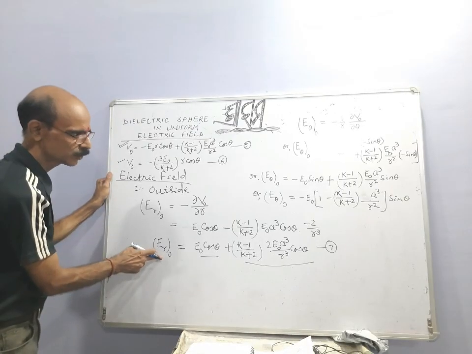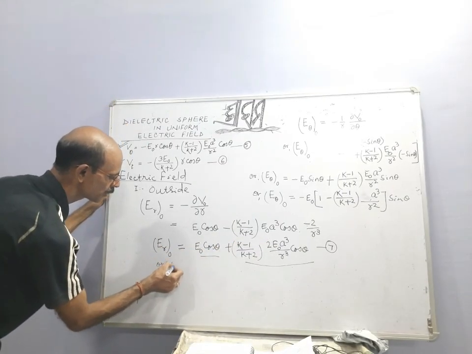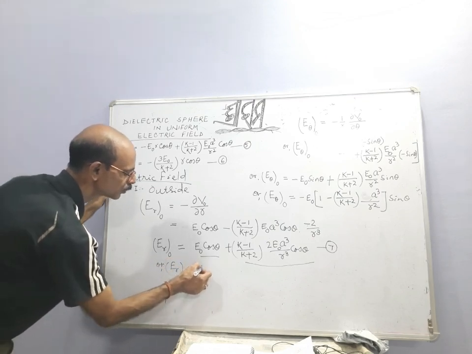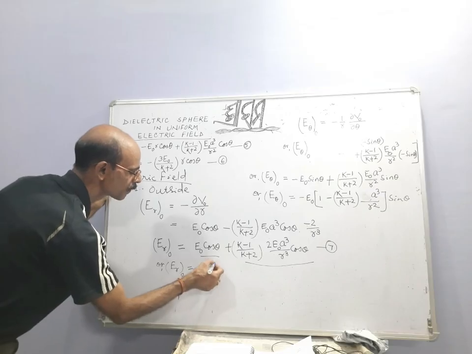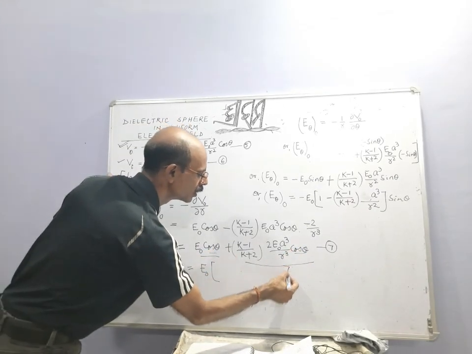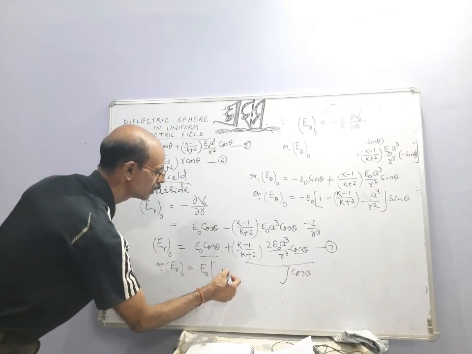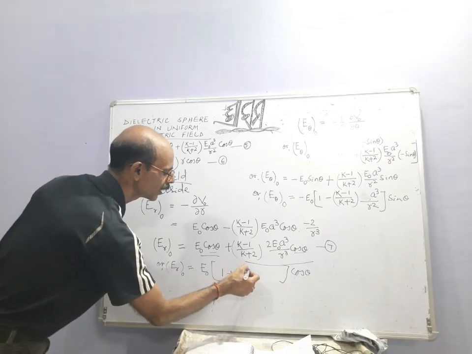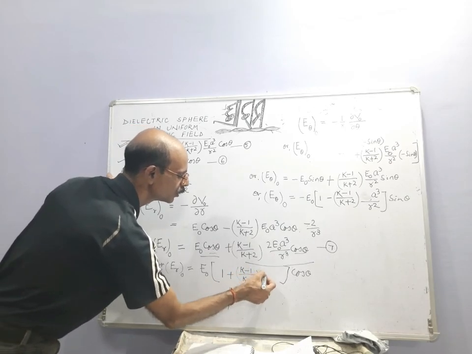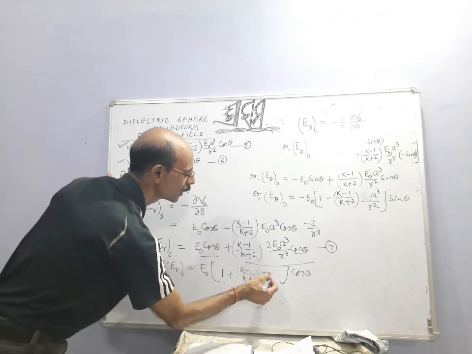One more thing, here also we can take common E0 and also common cos theta, and get the expression E_r outside is equal to E0 cos theta times 1 plus 2 (k minus 1) by (k plus 2) a cube by r cube.